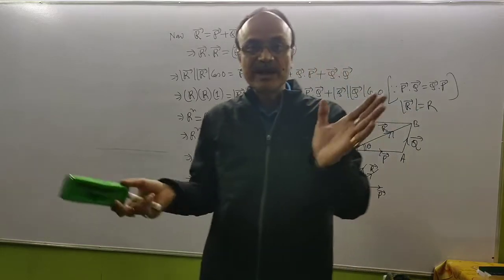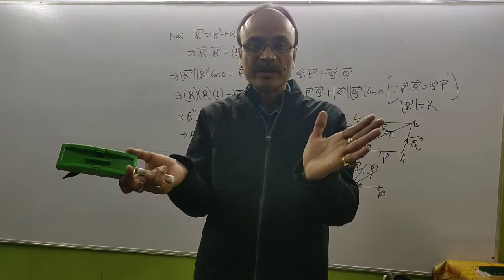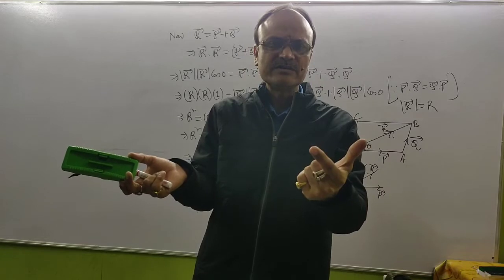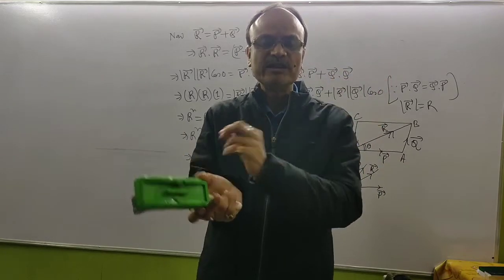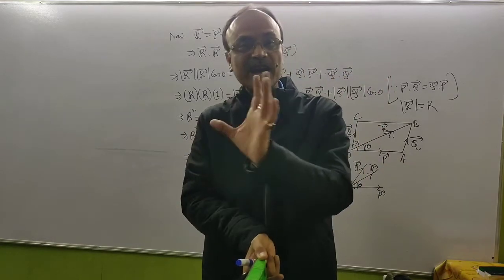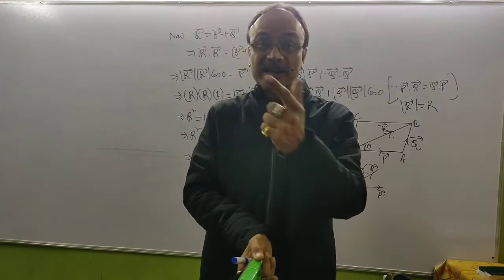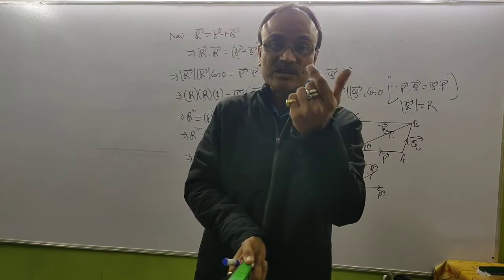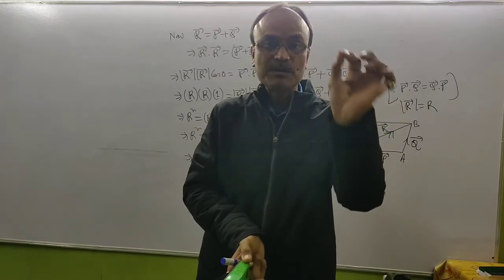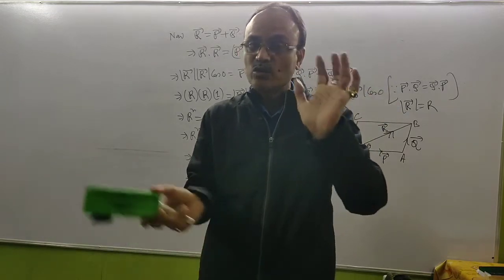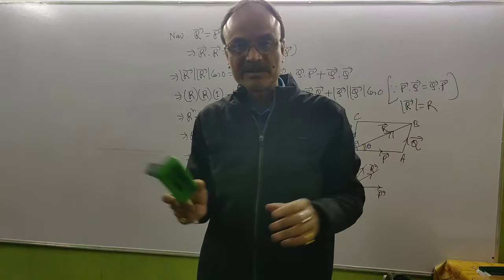If two forces P and Q meet at a point and the angle between the lines of action of P and Q is suppose alpha, then their resultant will be equal to root of P square plus Q square plus twice PQ cos alpha. You should remember this.